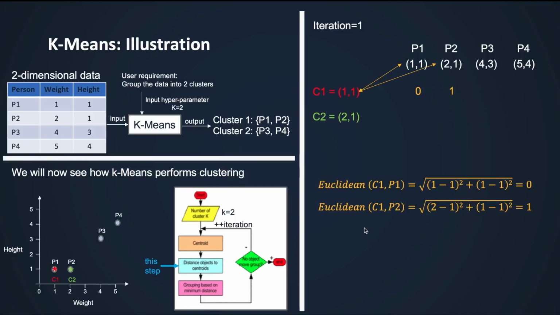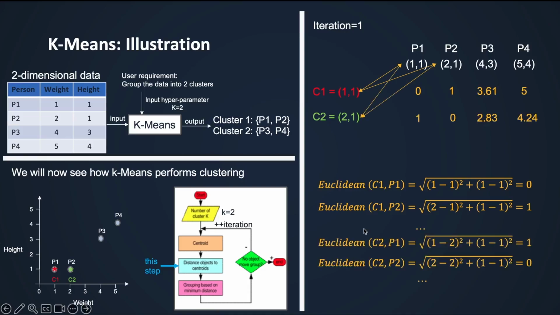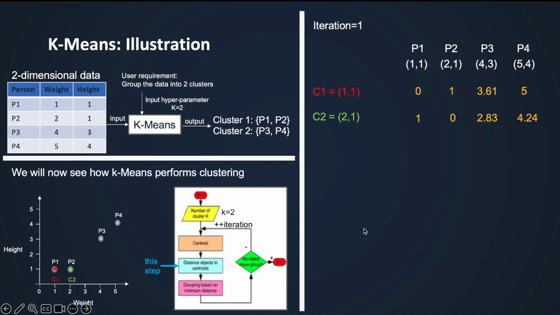Please keep in mind that we have to calculate the distance between every centroid and all points. Once we calculate the Euclidean distance, next we move to the next step, that is grouping the data points based on minimum distance.